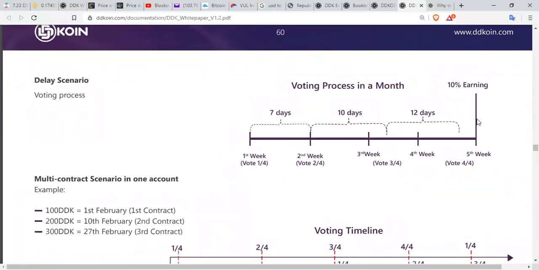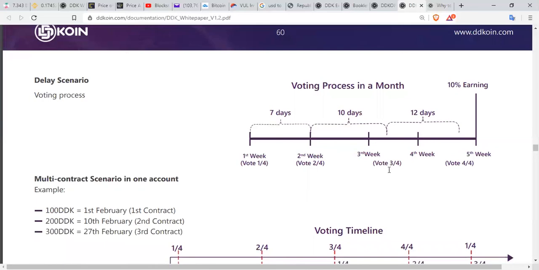So sa voting scenario dito, for example, you miss the 7 days of voting. So you vote on the first week, and then after 7 days you cast your second vote, but you missed voting on the third week. Rather, it took you 10 days to vote again.